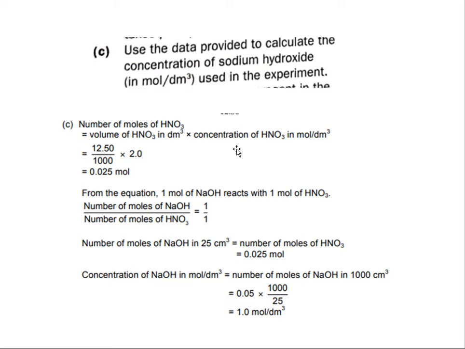If I multiply the concentration by the volume, decimeter cube cancels decimeter cube, and I'm left with only the number of moles. So I get the number of moles here, and I'm going to re-emphasize this question in the next video.